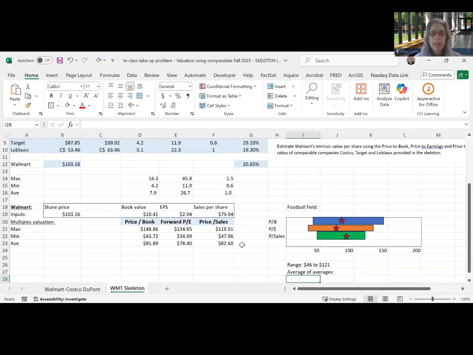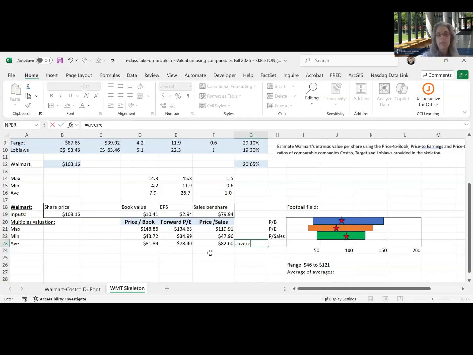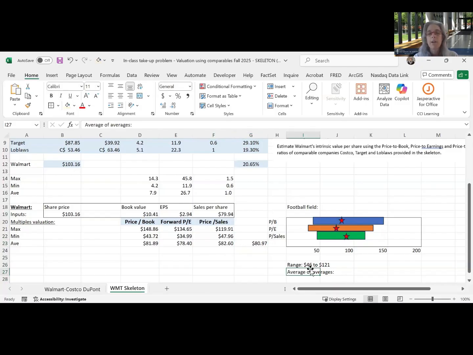space. So here, if I take the average of these, I get $80.97. And you can see here, these 3 red stars are clustered around $80.